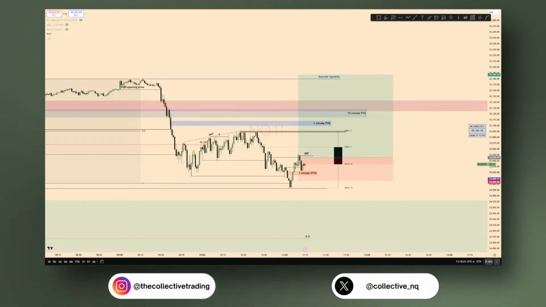So I'd be trailing once we got displacement up through there, up above this there.